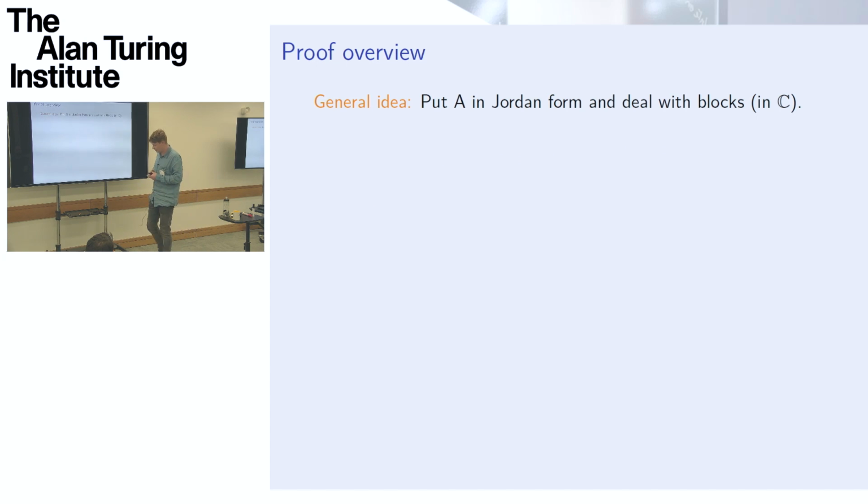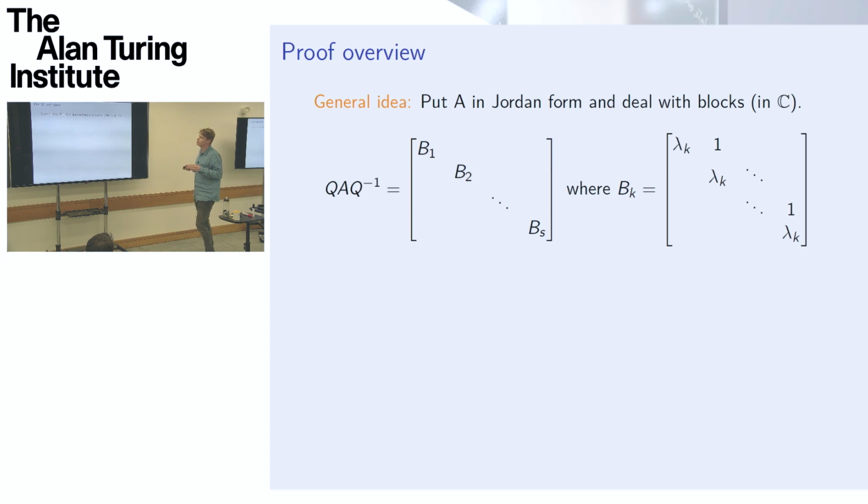So the general idea is that when we want to work with a linear transformation, we're just going to work on what's called Jordan blocks. So we put the matrix in Jordan form. That means it's diagonal with blocks, and the blocks are Jordan blocks. This means that we have an eigenvalue on the diagonal, and then possibly some ones above it.